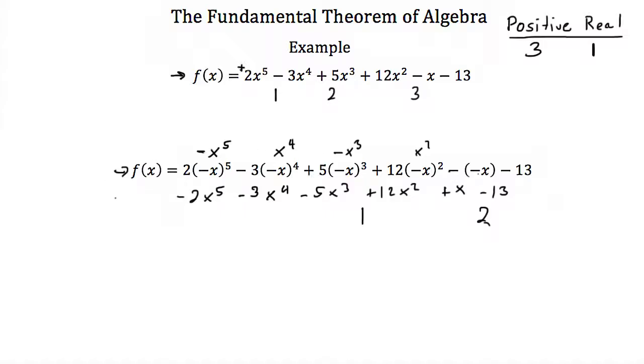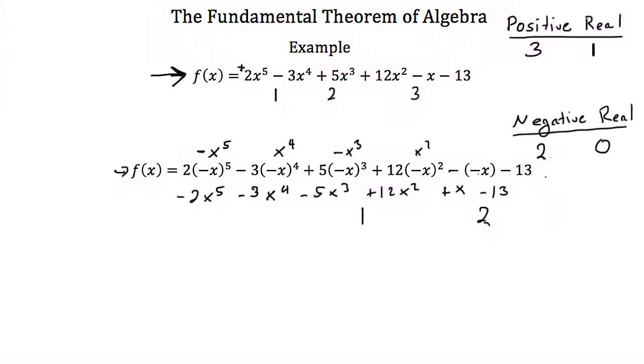So, counting those with the negative version of our polynomial, we find out that this original polynomial can have either 2 or less by an even number, so 0. So it'll have either 2 or 0 real solutions.